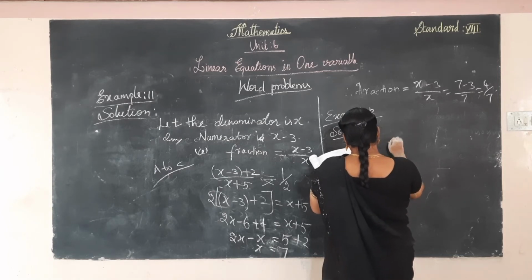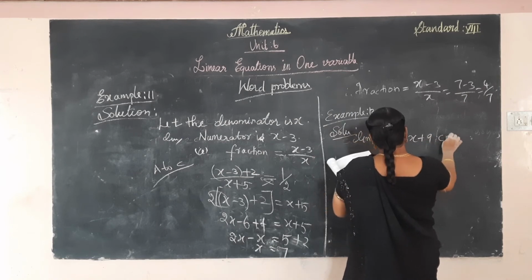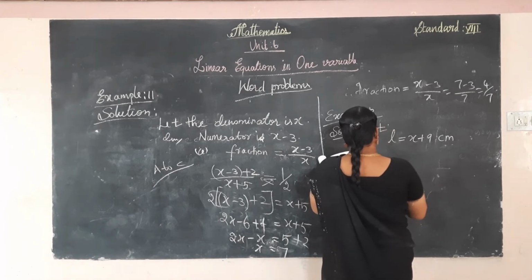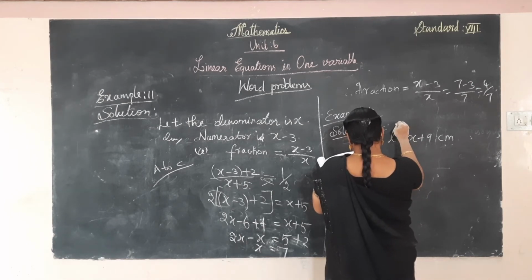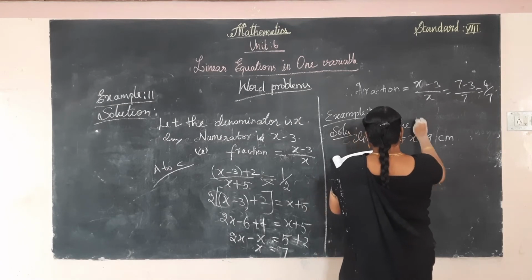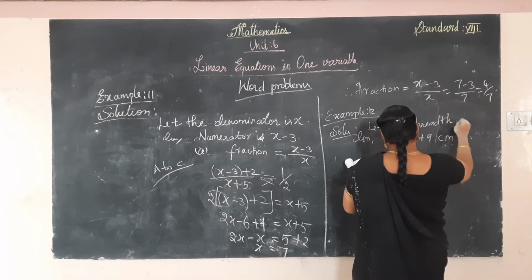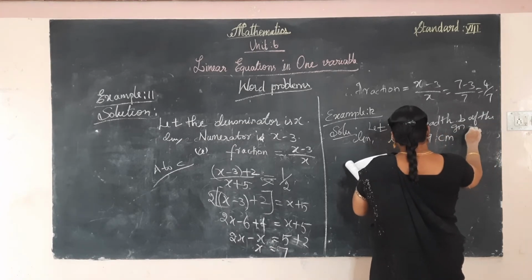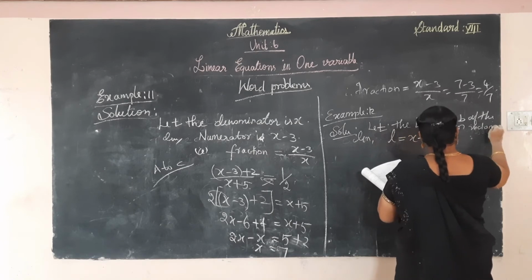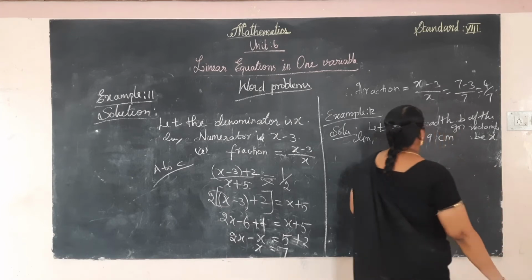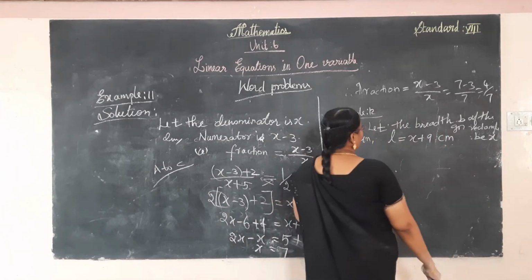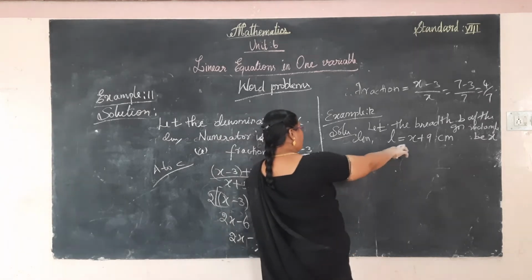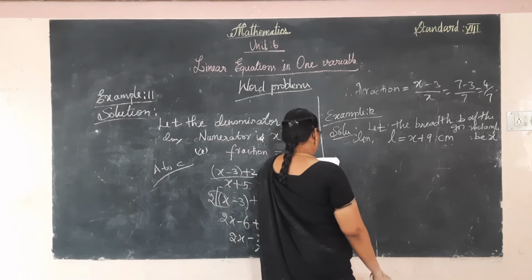So breadth we have considered x, so the length L is equal to x plus 9 centimeter.